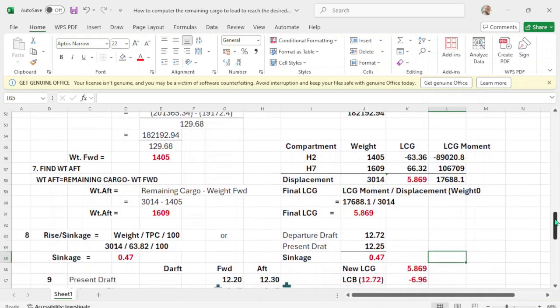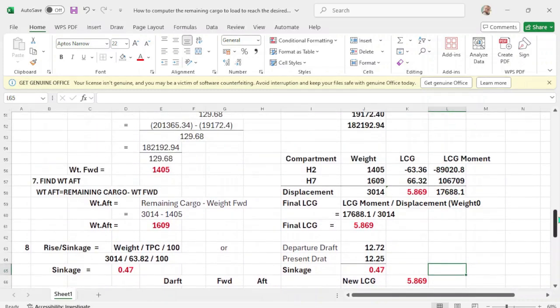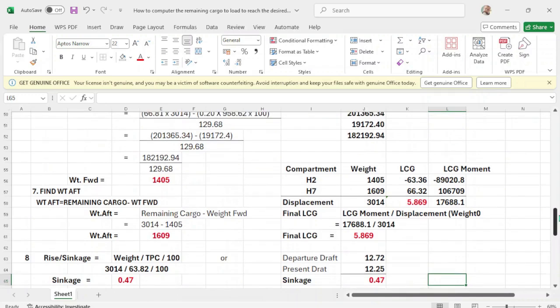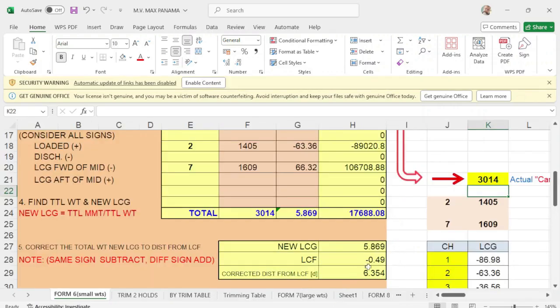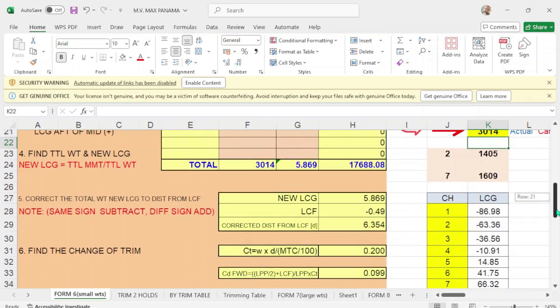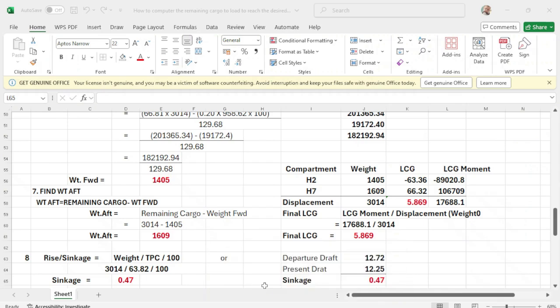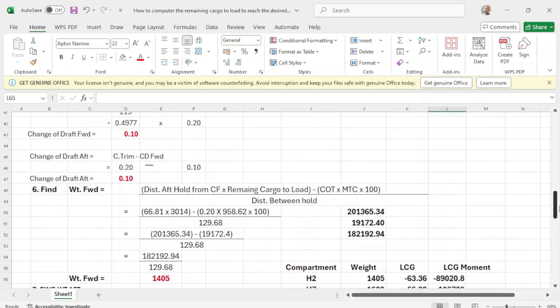Okay, so just follow this one. So your corrected distance is 6.354. Okay, and 6.354, that will be number 5.